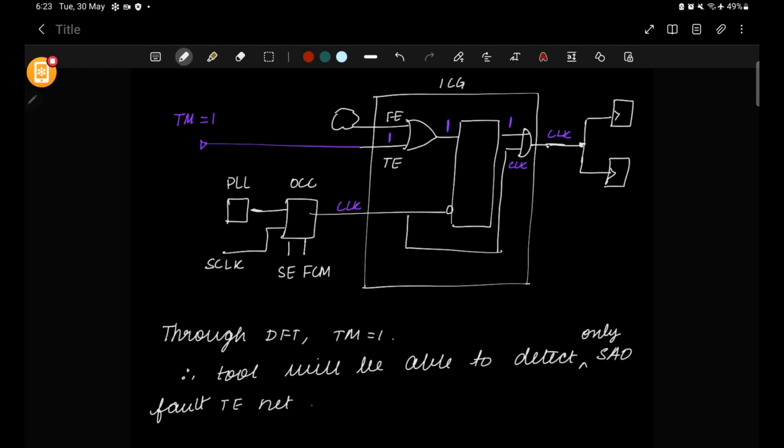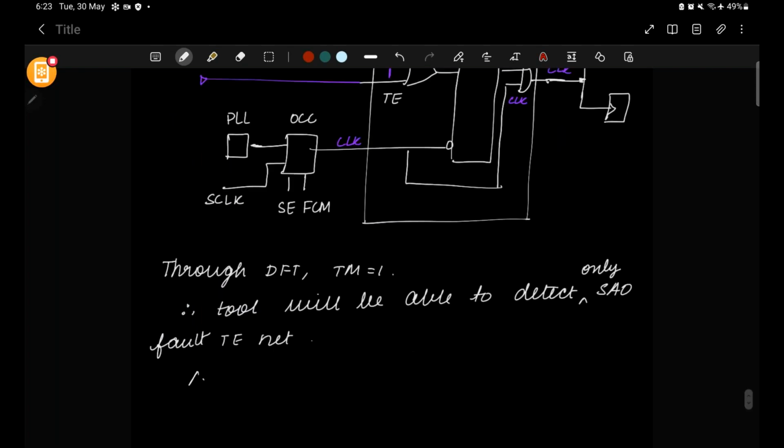In order to detect stuck at 1, the tool has to put a 0 value in this net, but test mode is always 1. So only stuck at 0 can be detected on the test enable net.